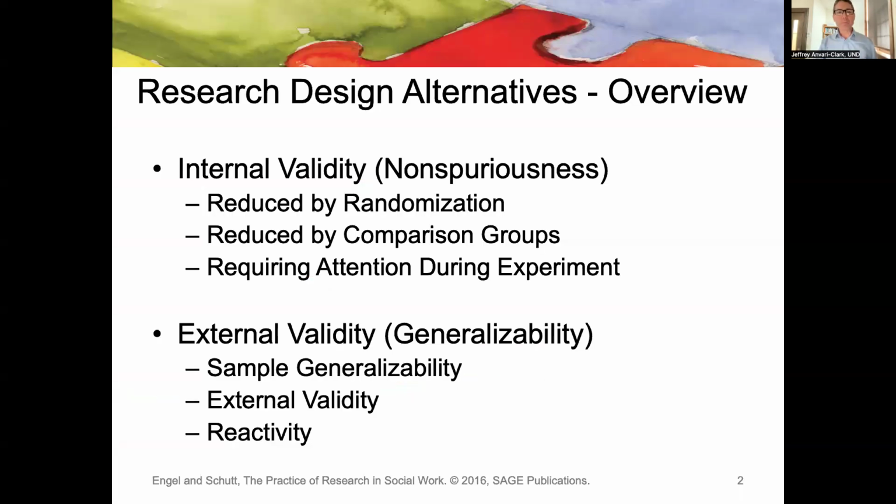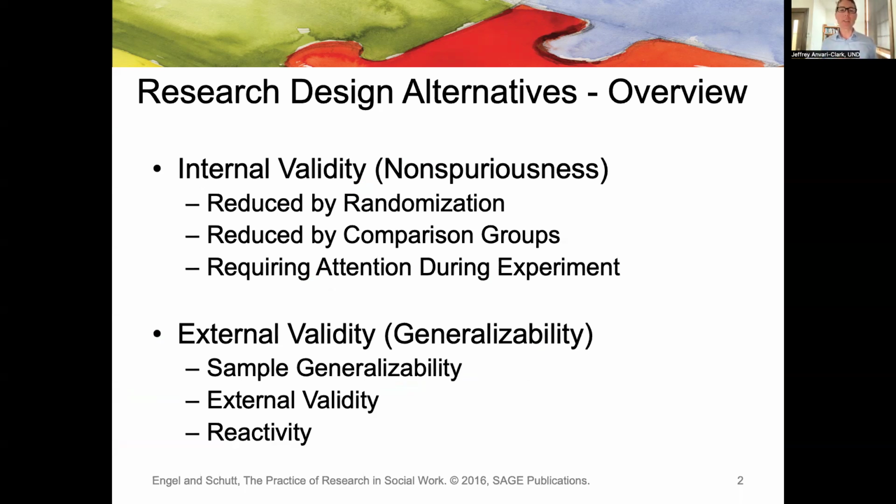Okay, so I mentioned in an earlier video, we talked about what a spurious relationship is. Particularly when we are talking about the two different design alternatives, we can focus more on internal validity or external validity.